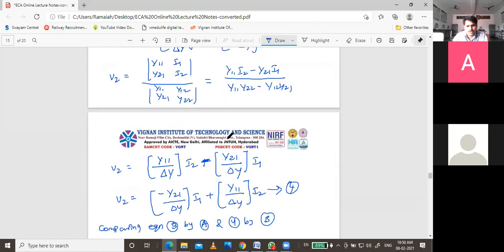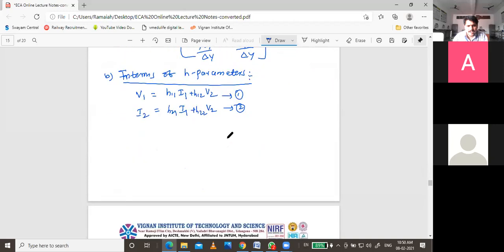So I want V1 equal to one equation and V2 equal to one equation. Two equations I want. Already here the V1 equation is there, something into I1, but this V2 should not be there. Instead of V2, I should get I2. So therefore this V2 value we should get from equation 2. So what is the V2 here? V2 equal to I2 minus H21 I1 by this H22. That means you bring this H21 I1 to the LHS side.